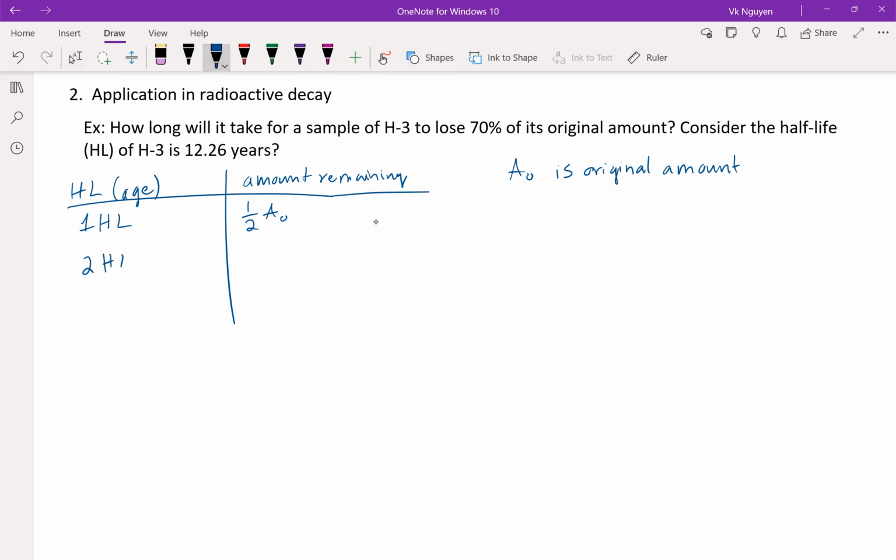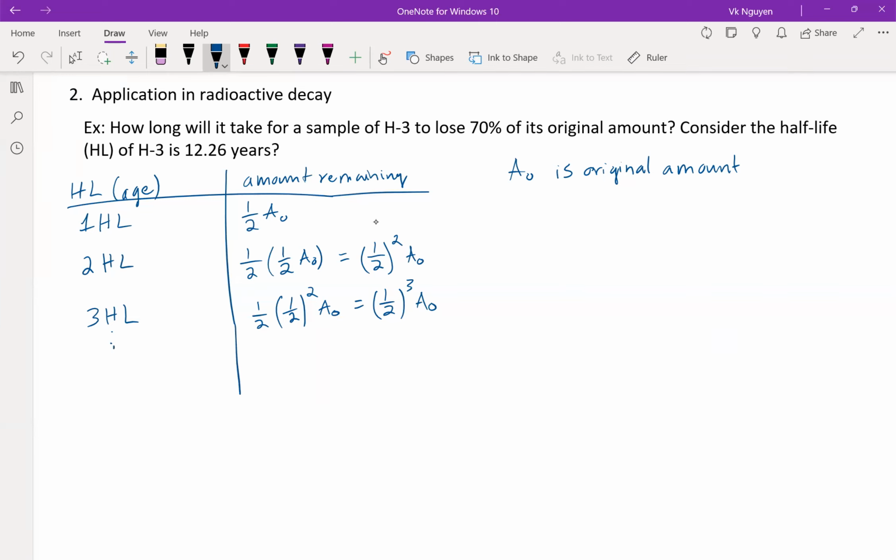Two half-lives, the remaining is going to be half of half of the original amount, which is 1/2 squared A sub 0. Three half-lives, half of 1/2 squared A sub 0. So this is 1/2 to the power 3 A sub 0.